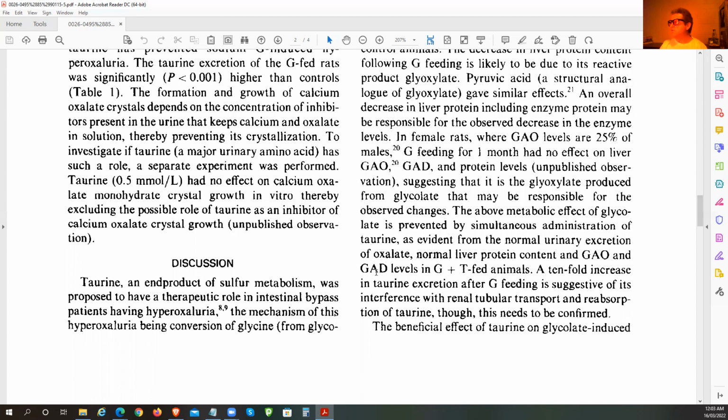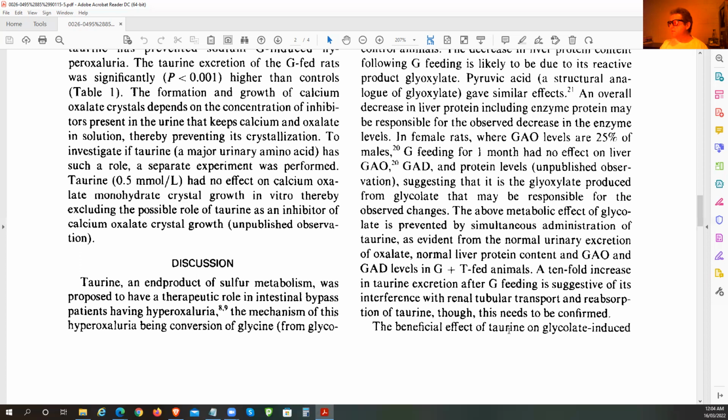A 10-fold increase in taurine excretion after G feeding is suggestive of its interference with renal tubular transport and reabsorption of taurine. This needs to be confirmed. So when you just give it the substance that causes oxalate, it also seems to cause a problem in the kidneys to reabsorb taurine. So this needs to be confirmed.